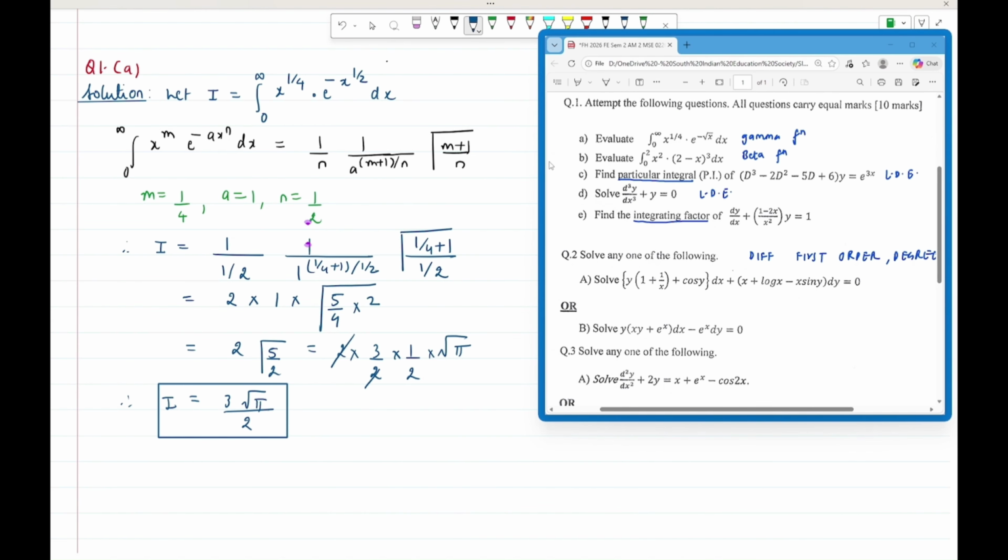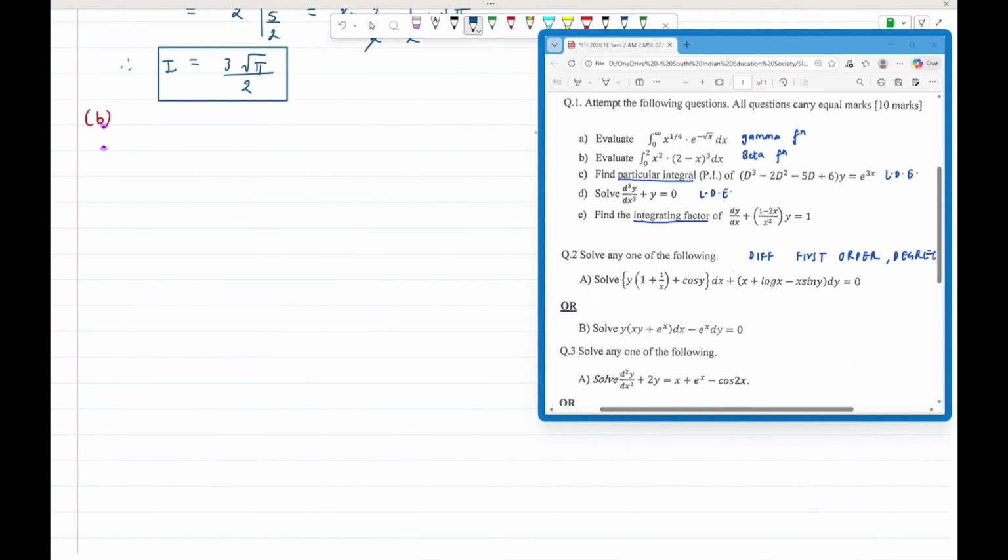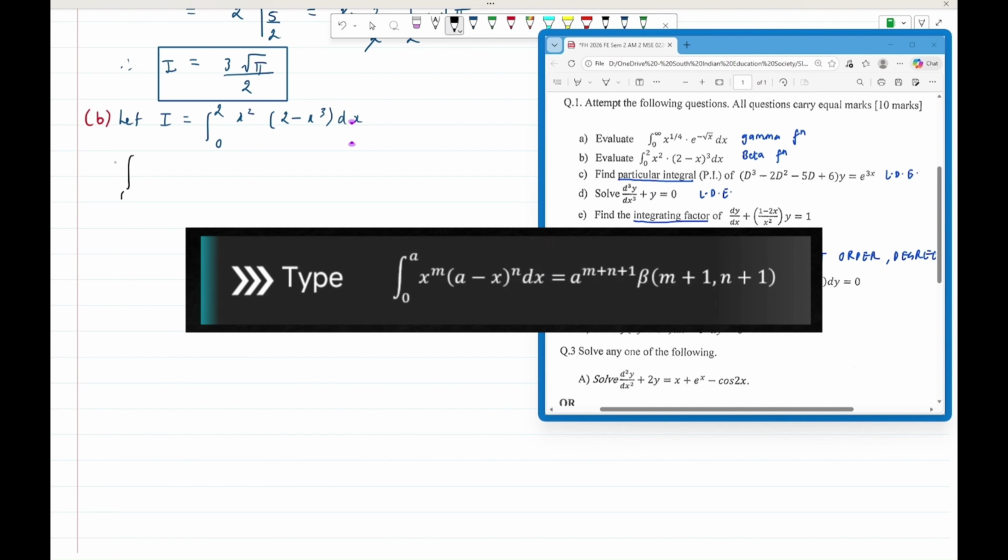Now let's talk about sub-question B. Sub-question B is a question which is based on beta function. So again, we are going to start with let I is equal to integral from 0 to 2 of x squared into 2 minus x cube dx, and this is of the type integral from 0 to a of x raised to m into a minus x raised to n dx.